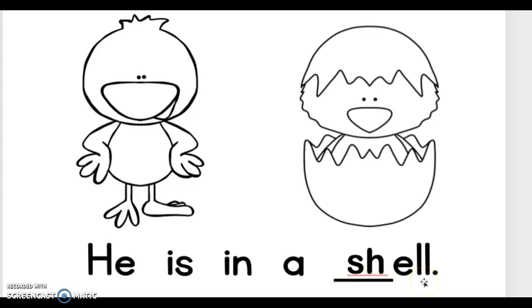And right here, you see two L's. Would it make sense if I said sh, eh, l, l? No. So you would just say sh, eh, l, shell. He is in a shell, and the picture matches.